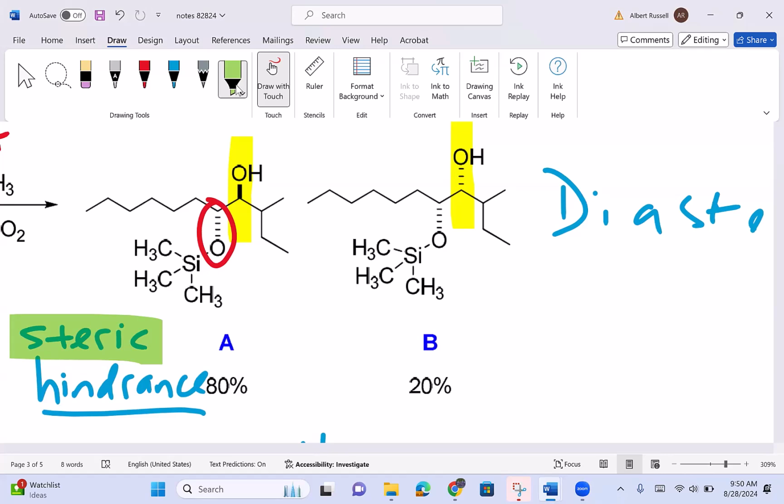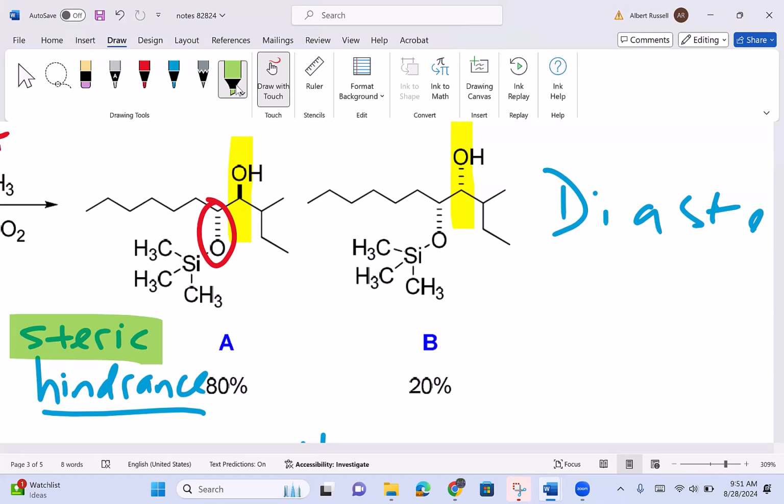Yes, that's exactly right. And what does strain do in a molecule? Does it make it higher in energy or lower in energy? Higher in energy. If you add strain, you increase the energy.